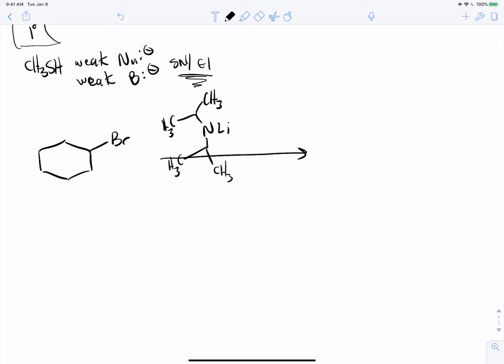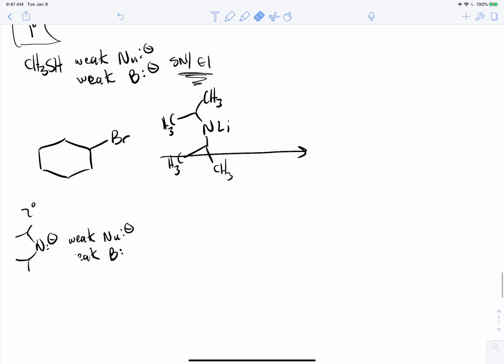What's going to be our product here? So we've got secondary, that doesn't tell me much, could be anything. Could be E2, could be SN1, I don't know. But when I look at LDA, I'm just going to call this a weak nucleophile because it's sterically bulky. I think that's the appropriate way to say it.